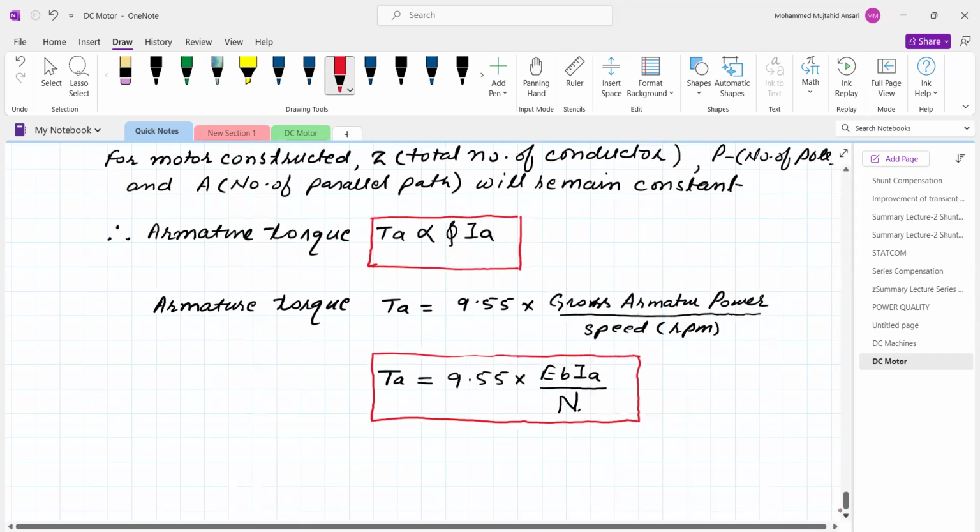Or we can write it as shaft torque, meaning the torque available at the shaft of the motor, that is the useful torque.